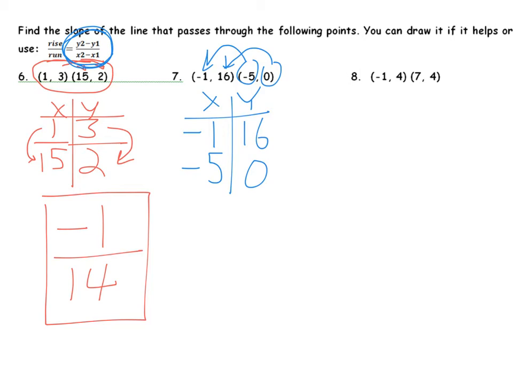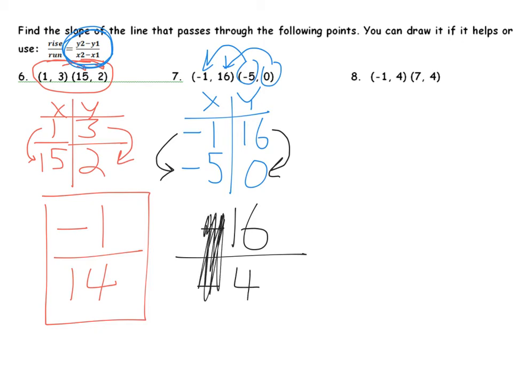You will get the same answer. I think it's a little more straightforward to figure out I'm going from 16 down to 0. So I am subtracting 16, and I'm going from negative 1 down to negative 5, so I'm losing 4. The negative signs will cancel each other out, and 16 divided by 4 equals 4. That is my slope.